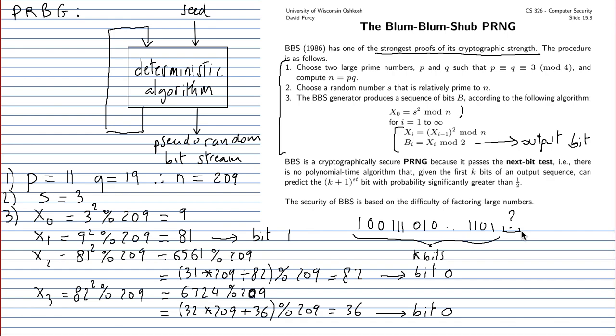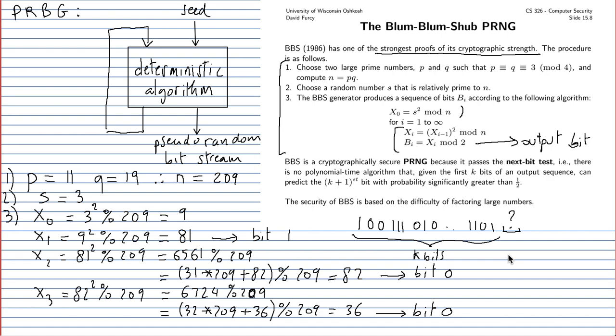Now notice if you don't know any relationship between those bits, or if this sequence is completely random, then the best you can do is just take a guess, and then you have a 50-50 chance, or probability of 1/2, to guess the right value. So if this algorithm is secure, that means you should not be able to do better than just chance.